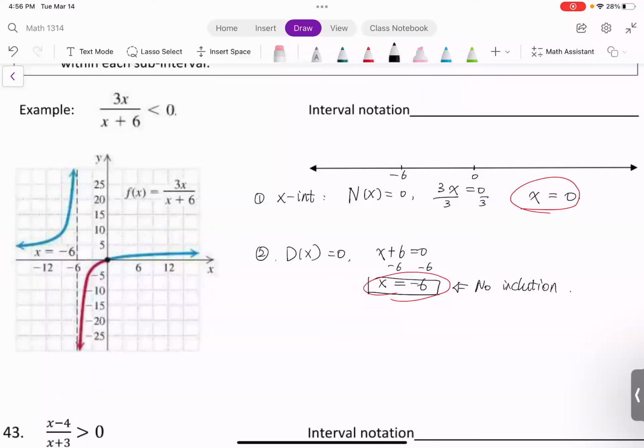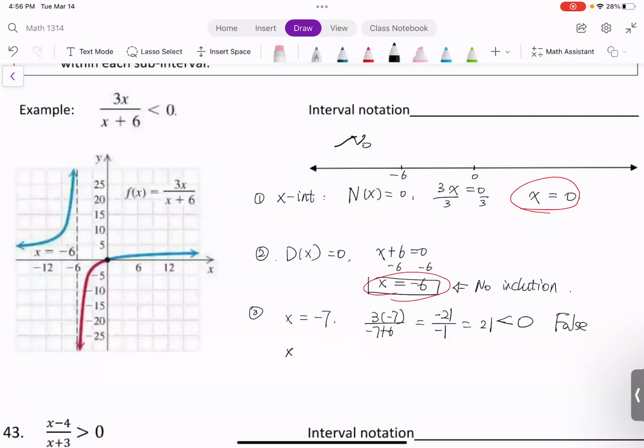Let's pick some points. For the first part, we pick x equals, let's say, -7. So 3 times -7 divided by -7 plus 6 is -21 over -1, which is +21. Is that less than 0? No, it's false. You can say no or false. So I cannot choose this interval.